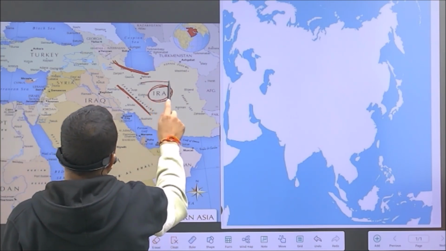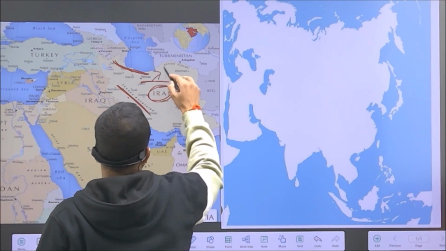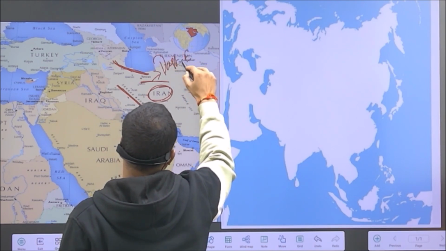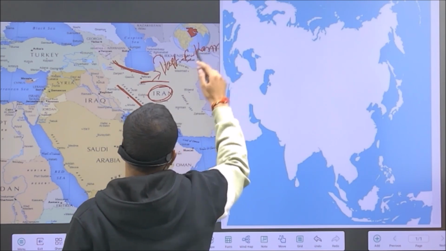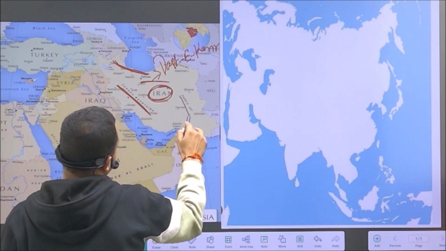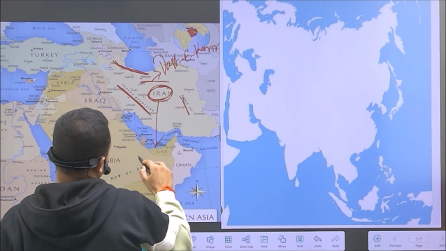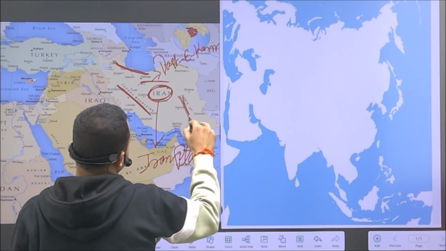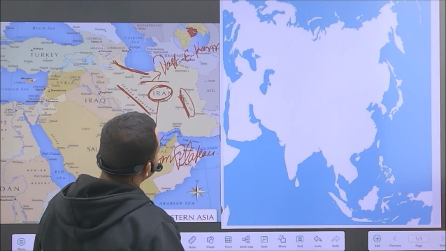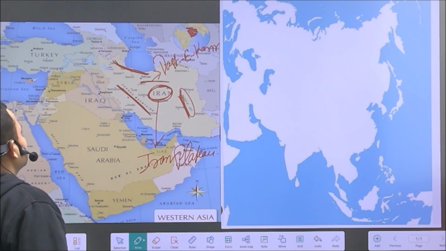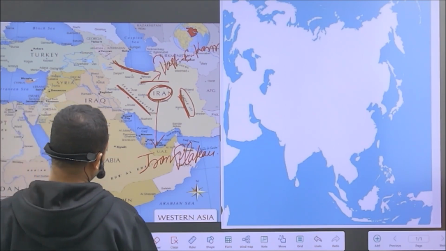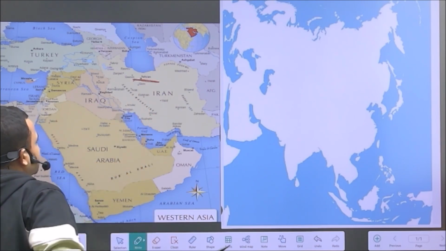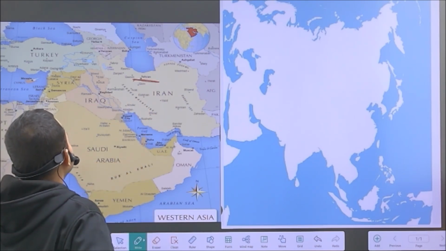In the north of the Iranian plateau, one desert is situated which is called Dasht-e-Kavir, and in the east side of the Iranian plateau you can see Dasht-e-Lut, which is also a desert of Iran. Here you can see Tehran, the capital of Iran, also important for industrial development.